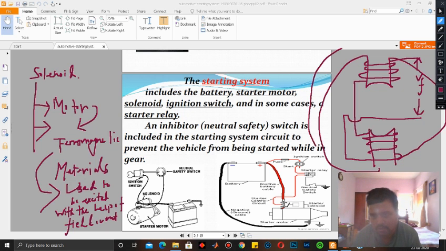So this is the rotor, and inside of the rotor, two protruding ferromagnetic materials in the form of poles are mounted.